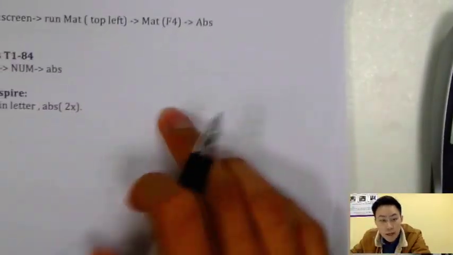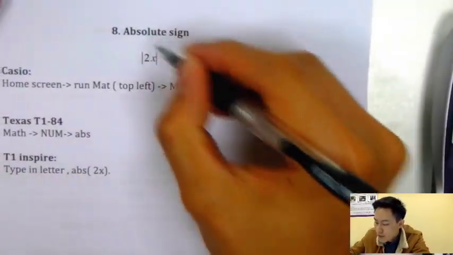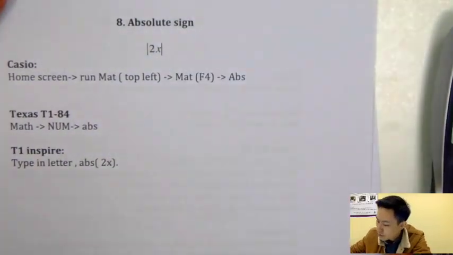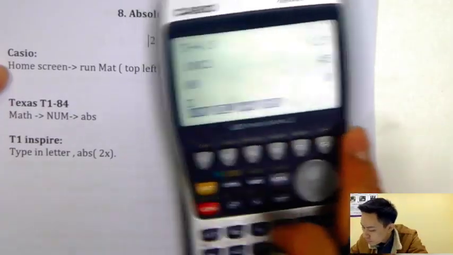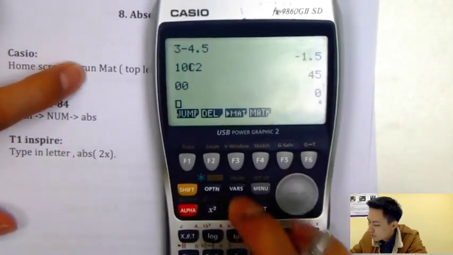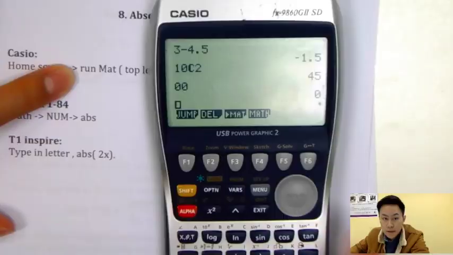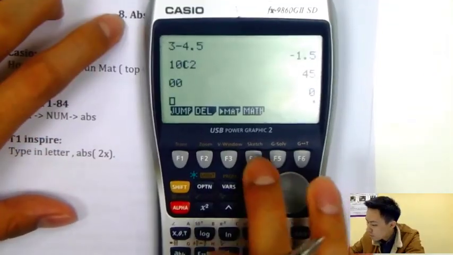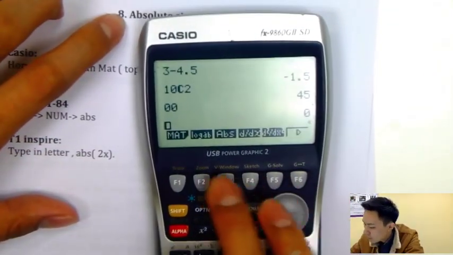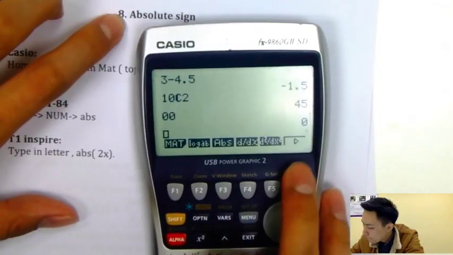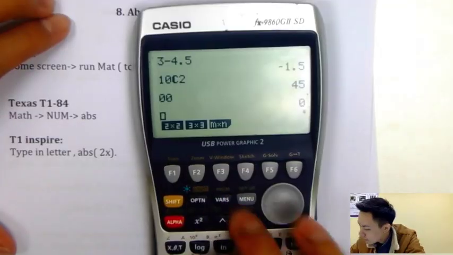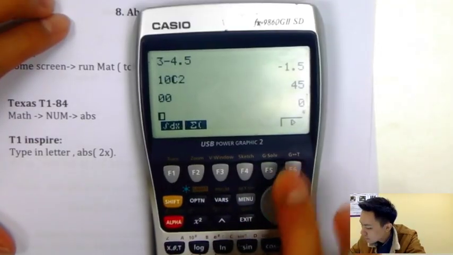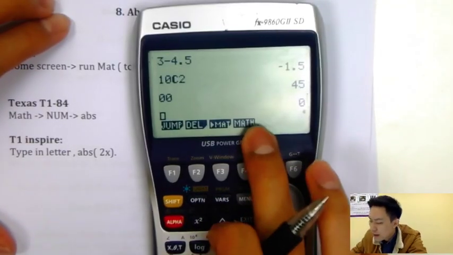And for absolute sign. So if you're asked to type in absolute sign in GDC, how do you do that? Okay, so for Casio, we just go to run matrix. So that is this one, okay? And then you go to math, F4. Yeah, you go to math, okay?